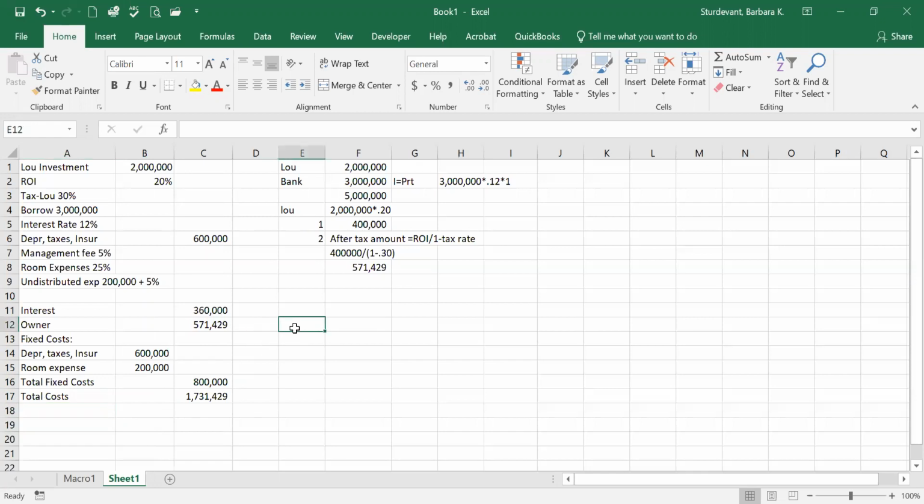So our sales have to equal all your fixed costs plus your variable costs.